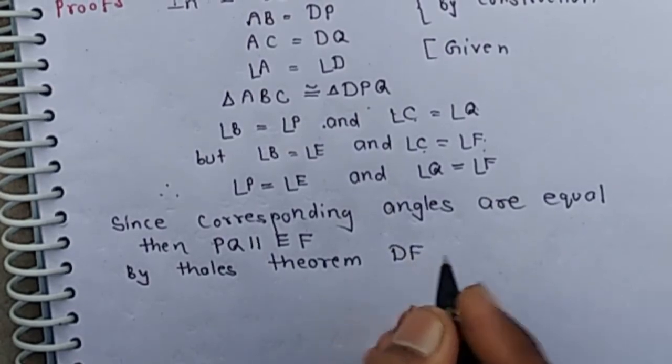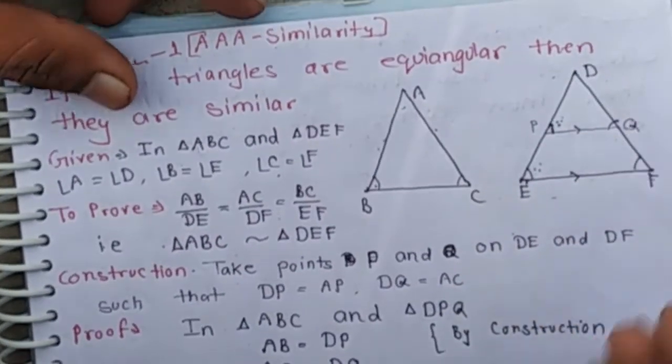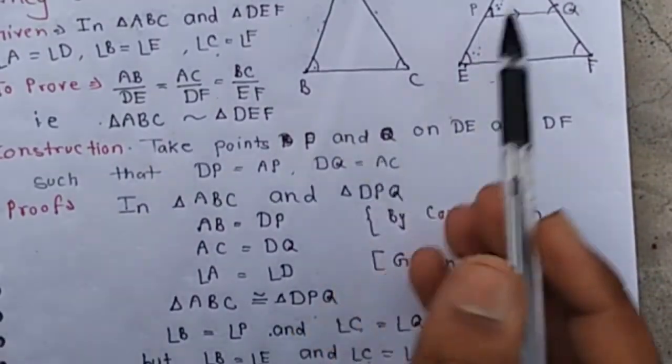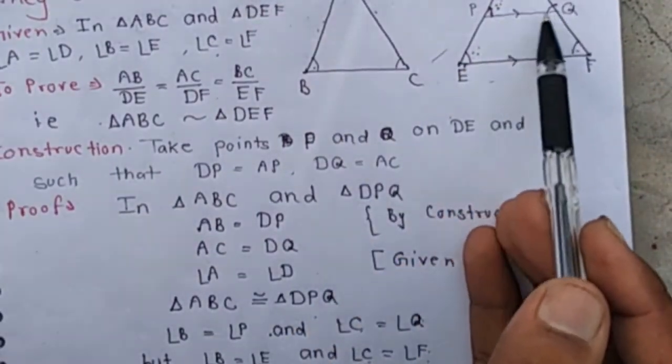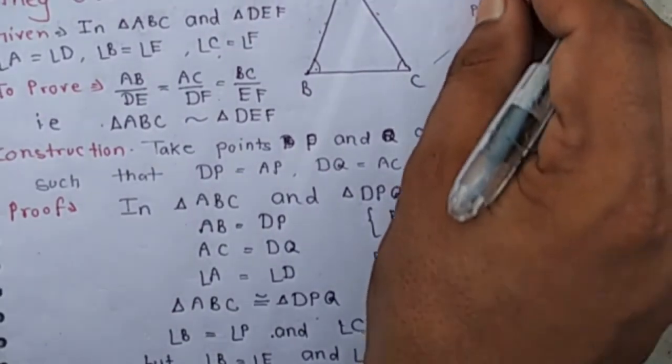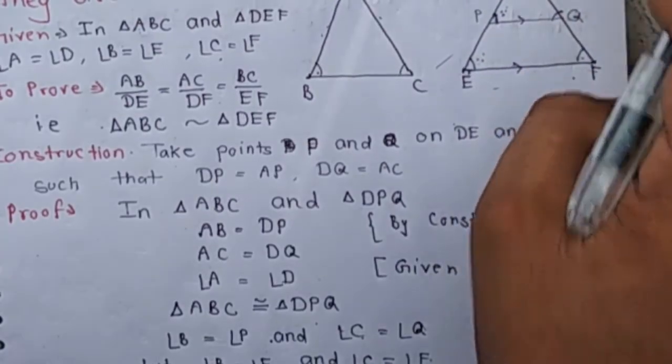In triangle DEF, PQ is parallel to EF, then by the corollary of Thales theorem, DP by DE is equal to DQ by DF.